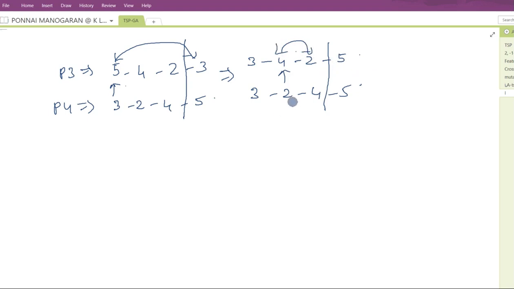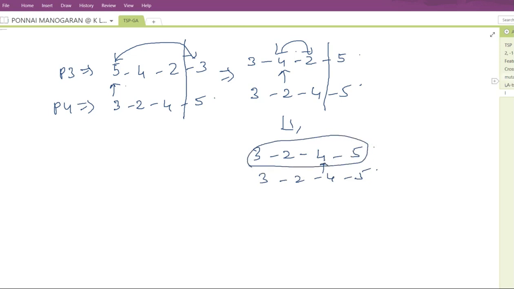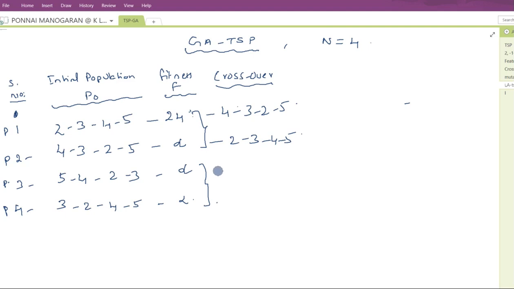You can see I am hurrying a little bit. 2, 4, 5, 3, 2, 4, 5. So here again we got the same thing: 3, 2, 4, 5.